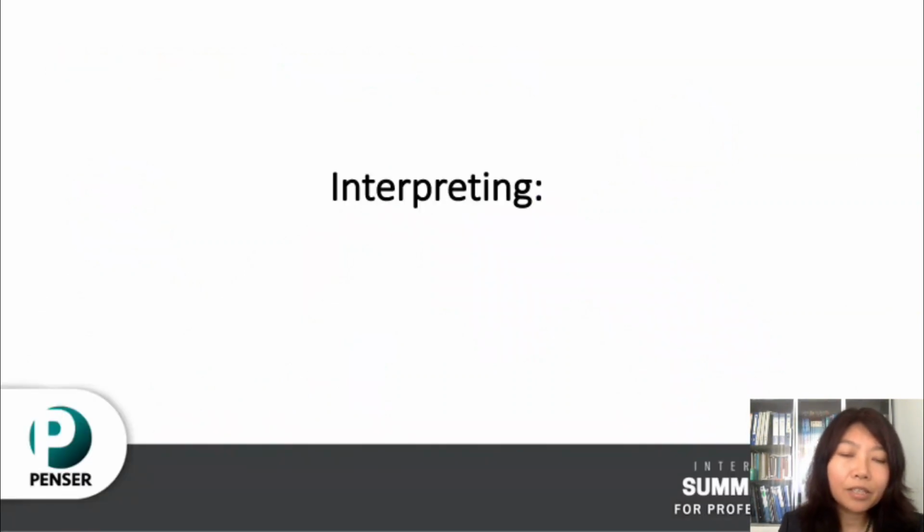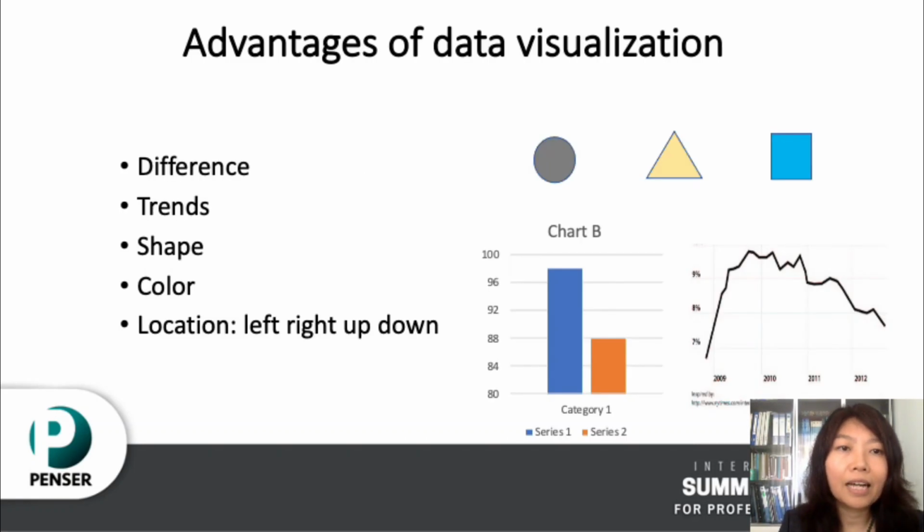So after getting the information, we are going to interpret it. So how to interpret the data? If we compare text reading and figure reading, we will see the advantages of data visualization.